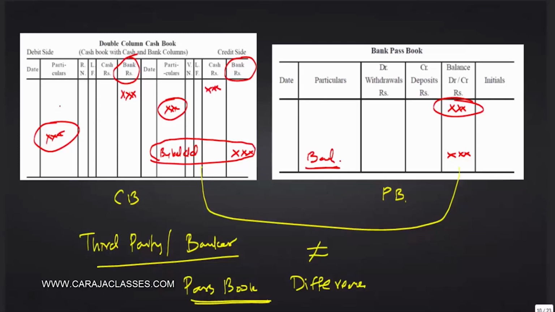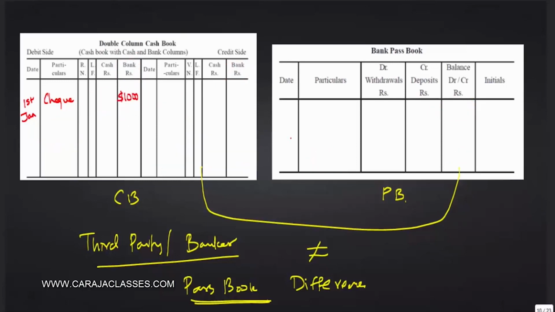When you receive a check, you deposit the check in the bank, and let's say you are depositing it on 1st January. On 1st January you have deposited a check for $1,000. So you will immediately write it on the debit side in the bank column, not in the cash column. In the bank column you will write $1,000, and this will be recorded in your books of accounts.